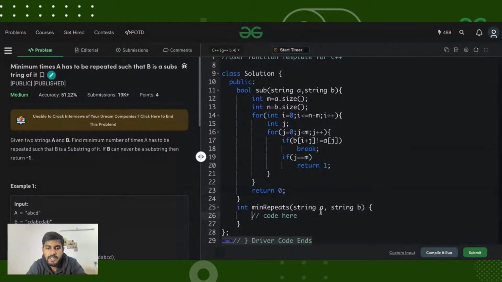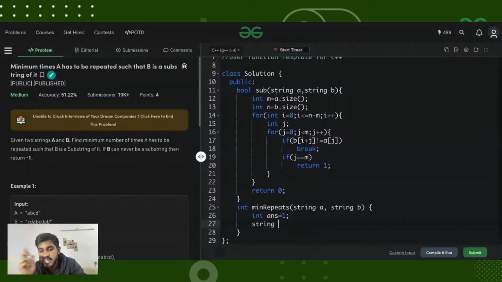Now the idea is very easy. Int answer is equal to 1. Then we would make a copy so that we can add a again and again.